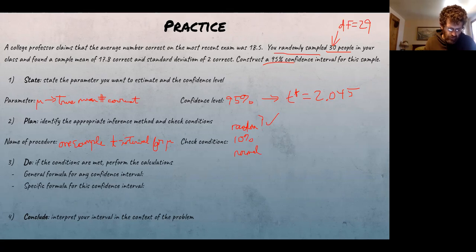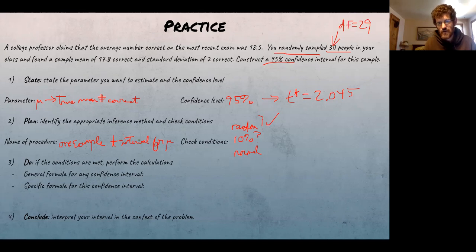10%. Now this one's a little bit trickier. This is maybe just poor wording the way I set it up. But we sampled 30 people. We have to assume that's less than 10%. And you could think on college campuses, there are some classes with hundreds of people in these big lecture halls. And maybe there are multiple sections given by the same professor, and he might be teaching 500 plus students.